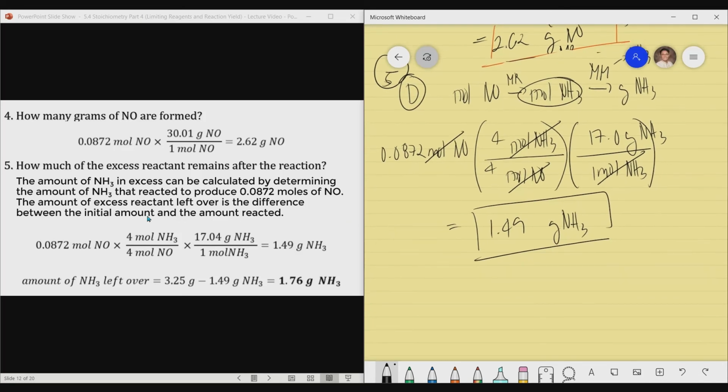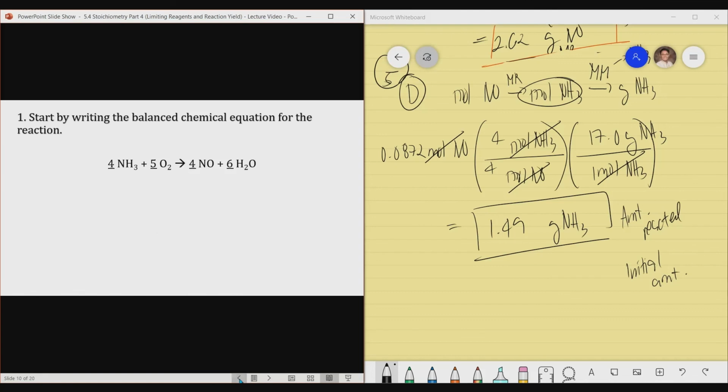Now, 1.49 grams of NH3 is not yet the answer. Bakit? Kasi ito po yung last sentence. The amount of excess reactant left will be the difference between initial and amount reacted. Ito po yung amount reacted, itong 1.49. Kailangan pa natin makuha muna yung initial amount. Yung initial amount is yung given. Ano po yung given?